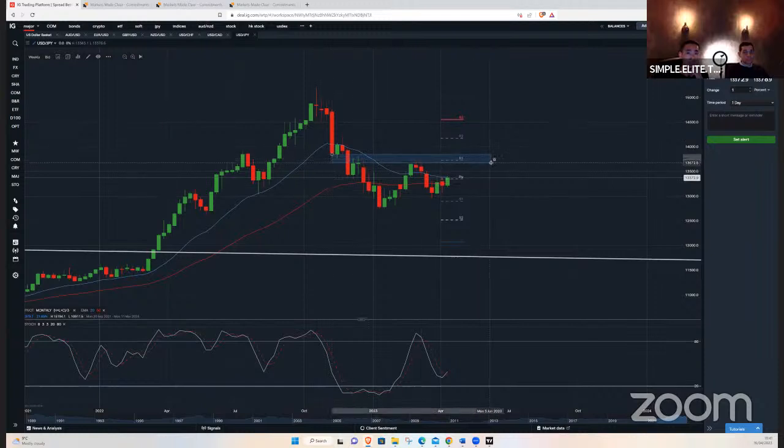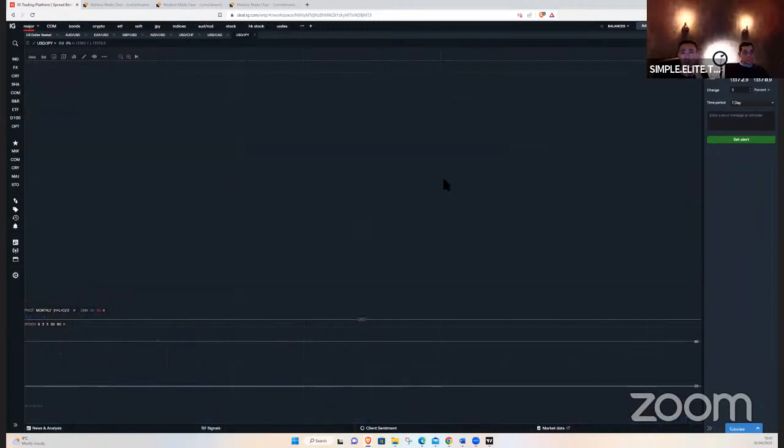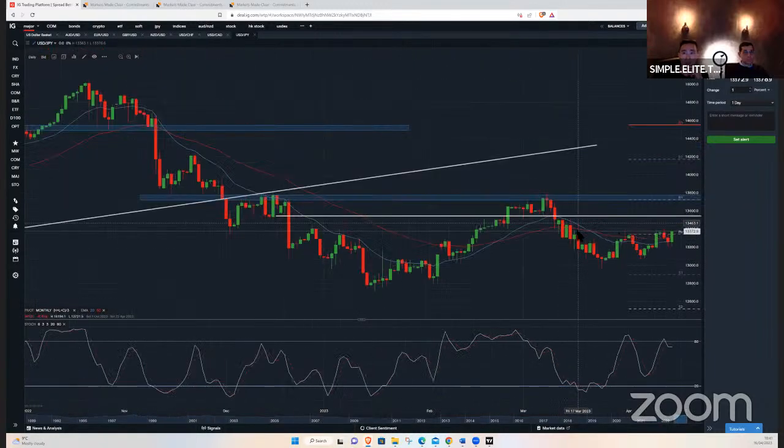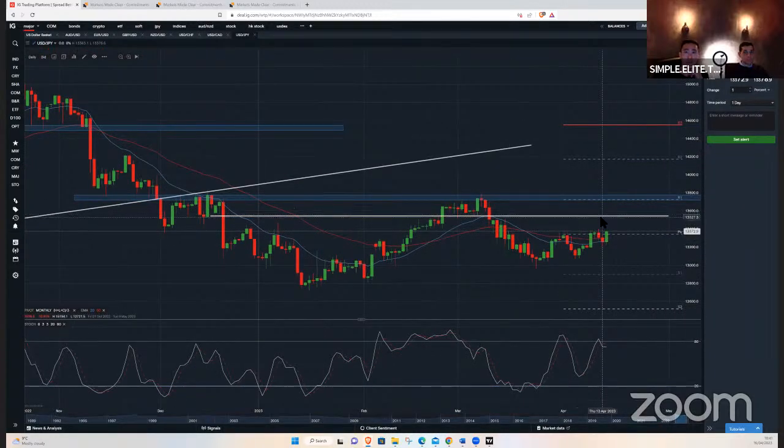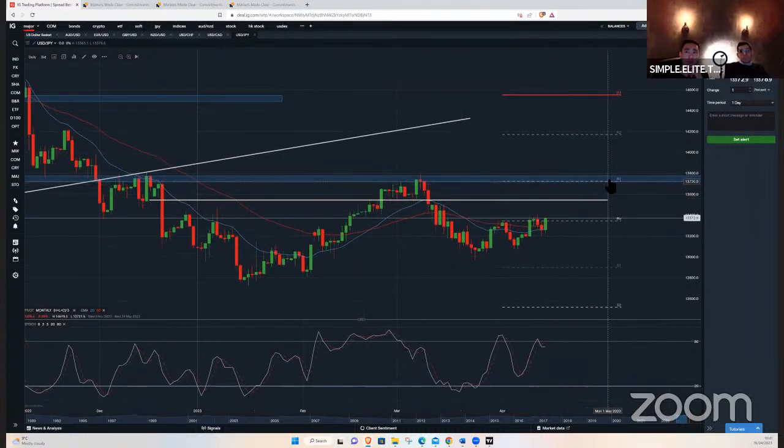I probably will leave it alone, but I could potentially go to 137. Going back to the daily, there's a resistance area there. I'm not ruling out 135, but we could go to 137, 138, which is the R1 area.